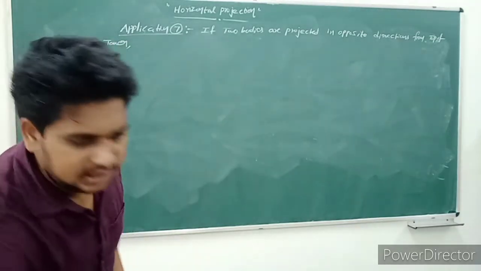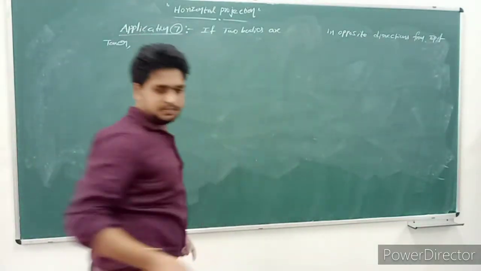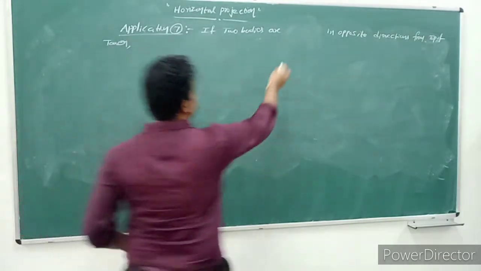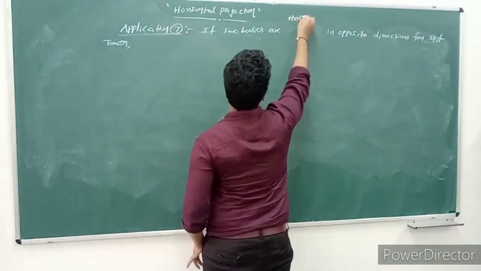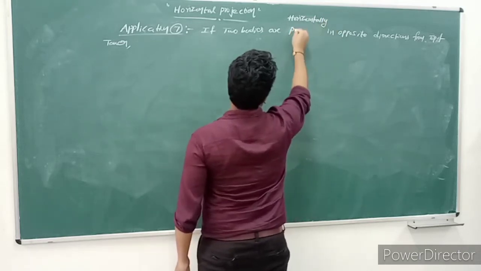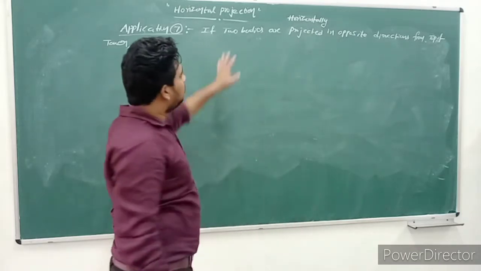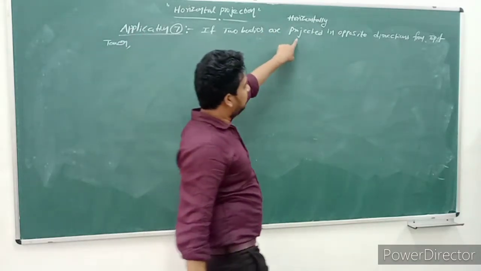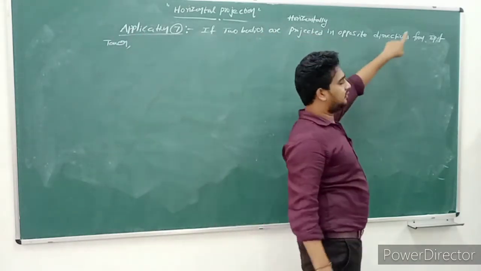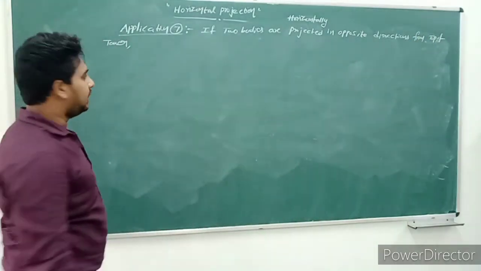So here the projection is horizontal projection. Okay, mentioned that. If two bodies are horizontally projected in opposite directions from the top of a tower, right?